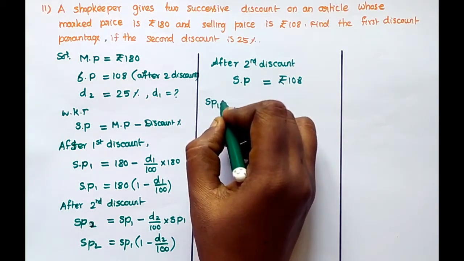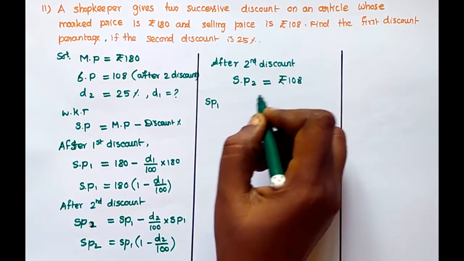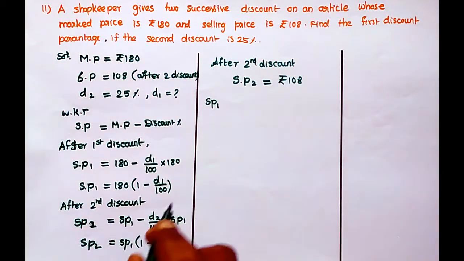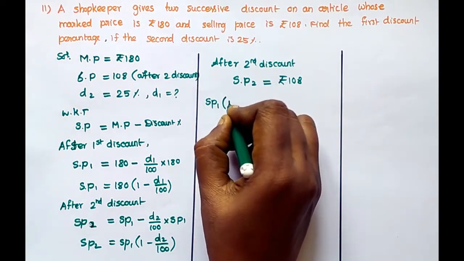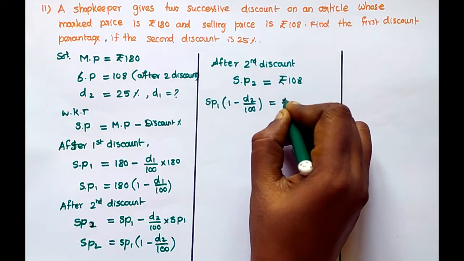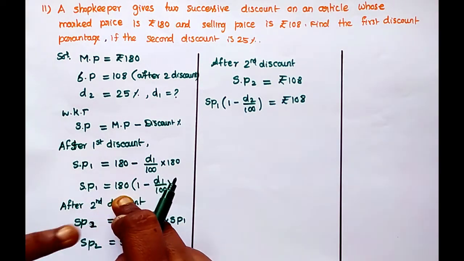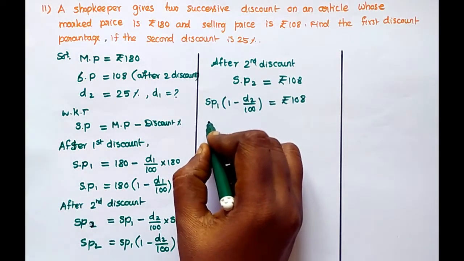SP1, that is SP2, no? After the selling price, SP2 means what? SP1 into 1 minus D2 by 100 equal to rupees 108. SP1 is what now? 180, and already we found that.